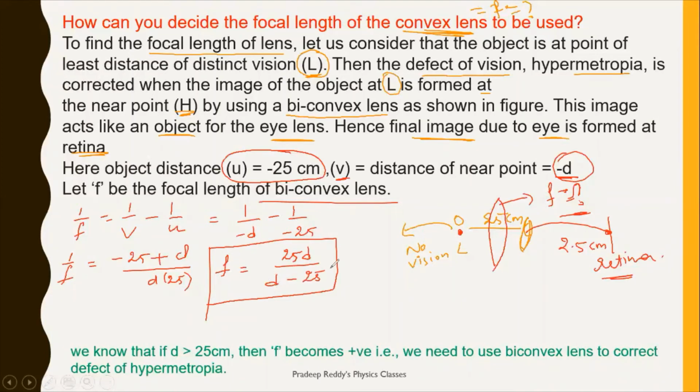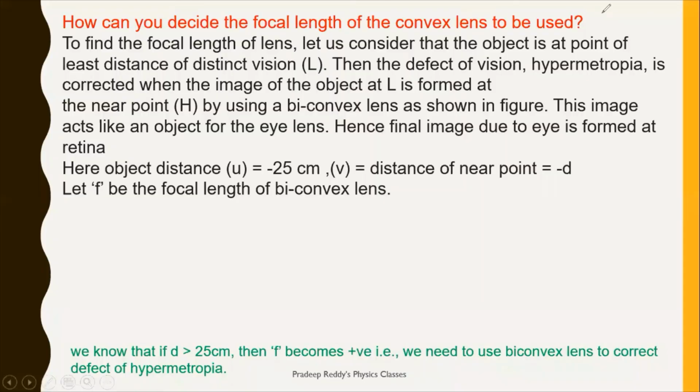D is the distance where you are measuring the object, right? Say for example, here it is L. Students, as U value you are taking minus 25 centimeter. That means, say for example, as I told you, this is I, and here you will be using some kind of lens.